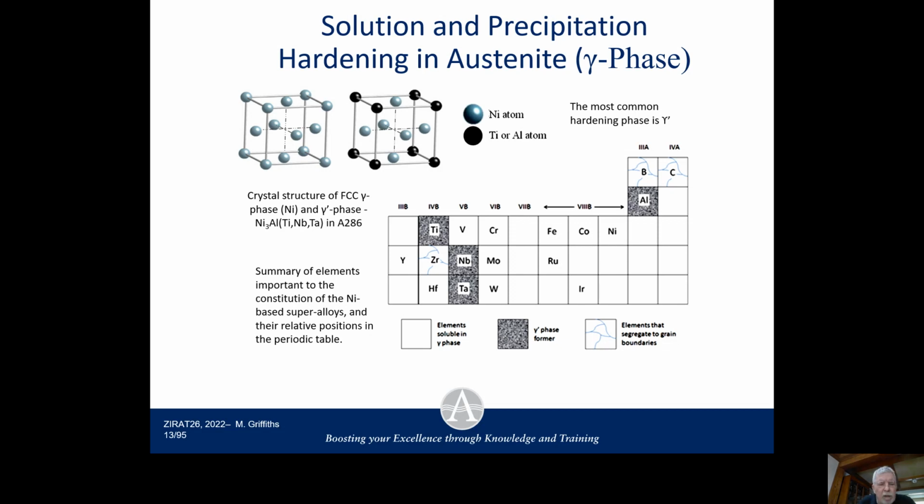As I said, we're mostly talking about the austenite FCC phase, and although A286 is the main alloy, I'm not sure if it's the only alloy, which is classed as a stainless steel, which is used in nuclear reactors.